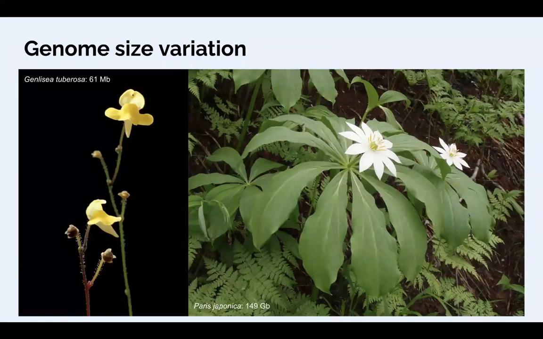And just some examples, I'm coming at this from familiarity with plants, so I know about some rather extreme plant examples. These show variation in the genome size, so the number of nucleotides of genetic information in the genome. On the left is a plant called Genlisea, 61 million base pairs, and on the right, a plant with 149 billion base pairs making up its genome.